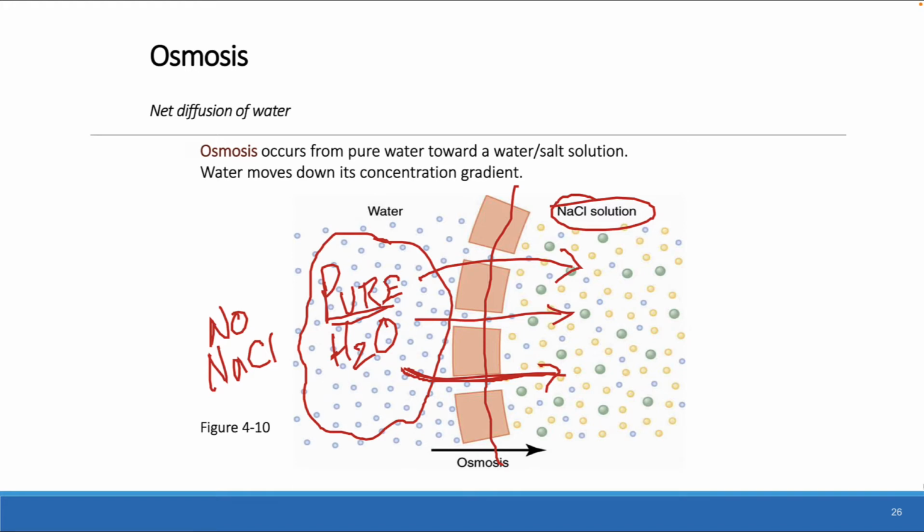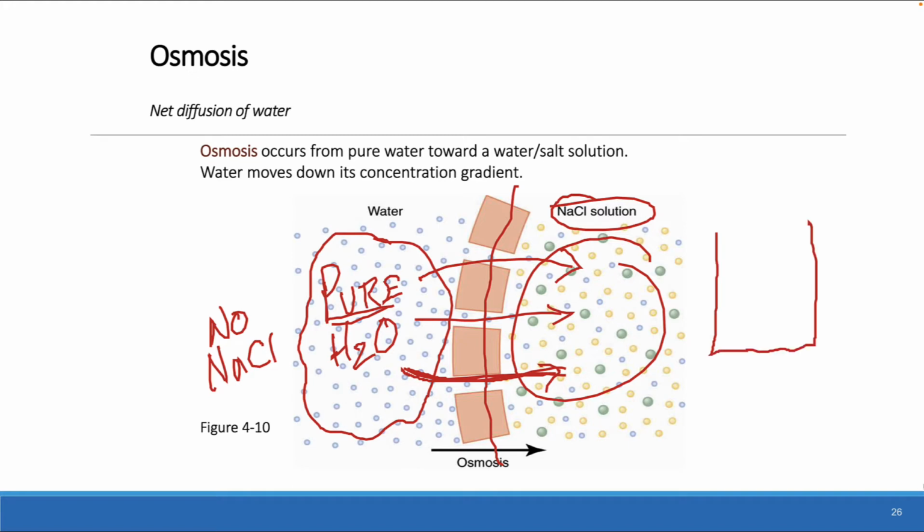And that is this movement of the water across a gradient to try to dilute this saltwater solution. This is a very powerful force, and we will see this later in the semester when we talk about fluid and electrolyte movement, and I can just preview it for you here.